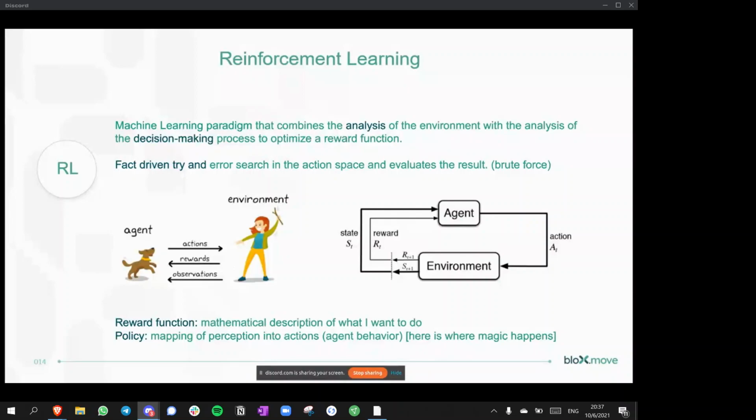Because the agent is motivated by a utility function, the agent is interacting with the environment because he wants to receive something in exchange or to achieve something, and this is represented by the reward function. And this logic or utility function that drives the behavior of the agent is the policy that appears here in the last line. It is the mapping from the perception, let's say from the analysis part, to the action to be taken, let's say to the decision-making process.